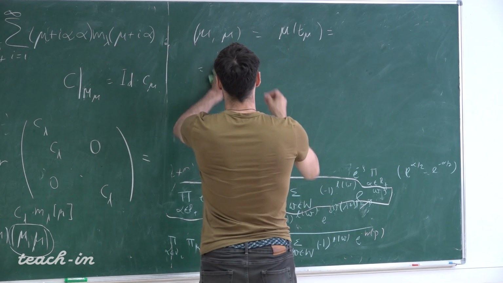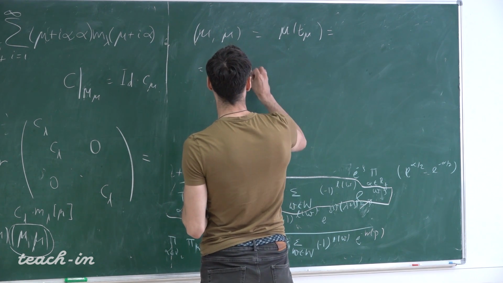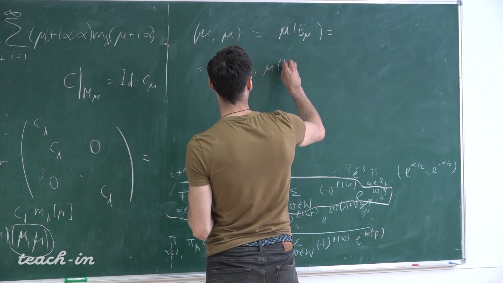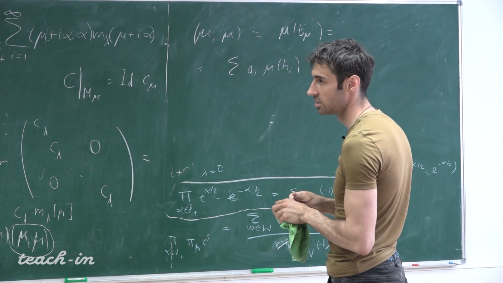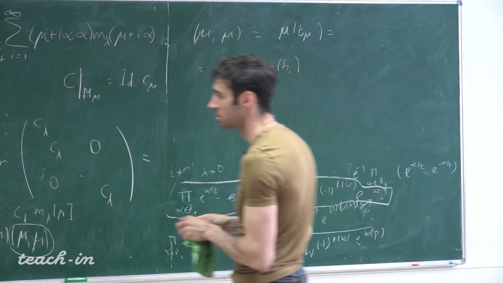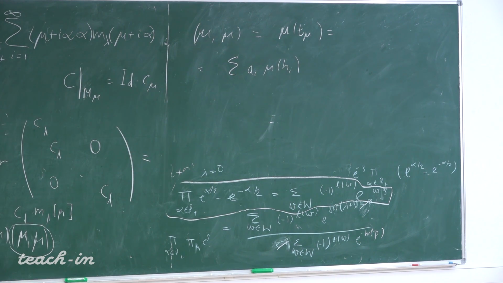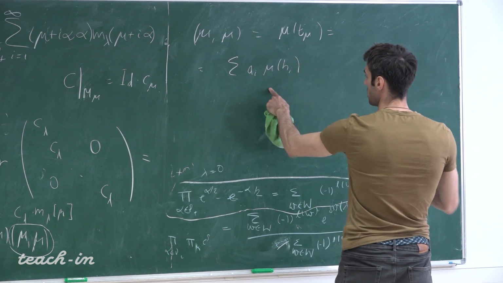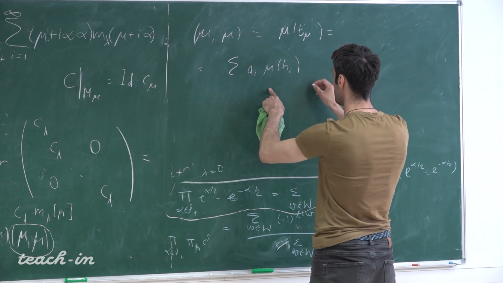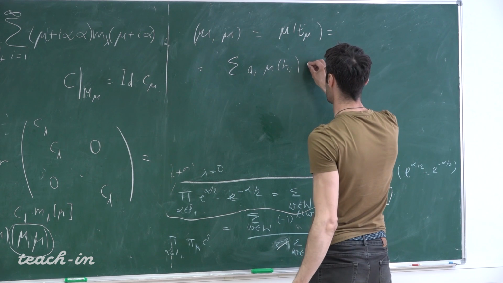So it's sum AI mu of HI. So your T mu is defined like that, so I'm just using this. But then mu of HI, what is it?